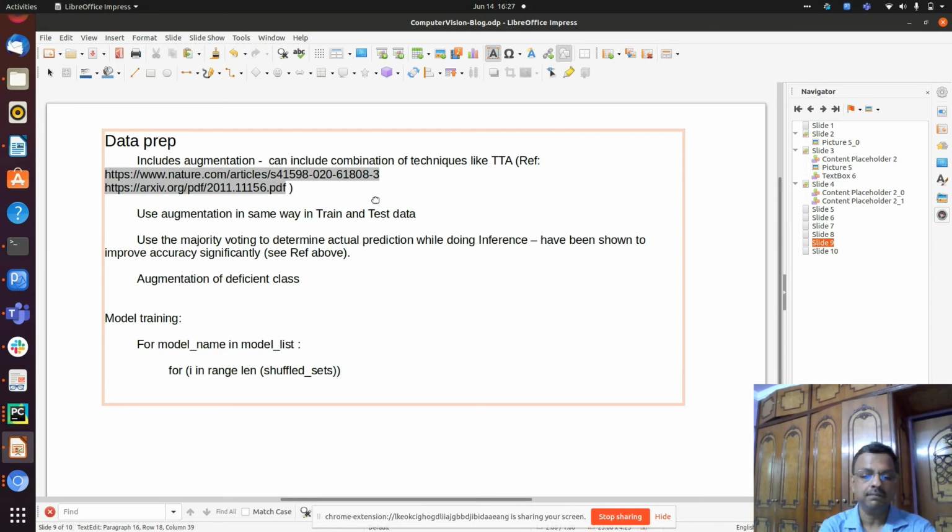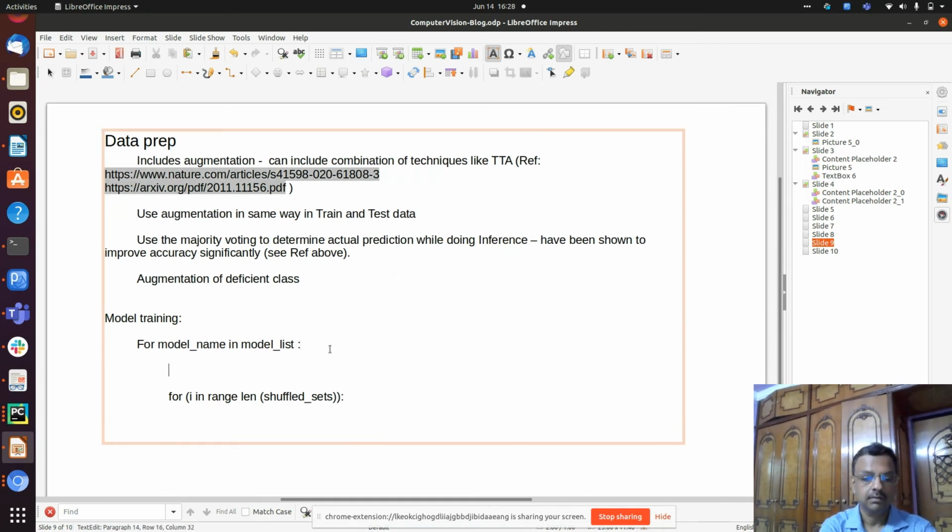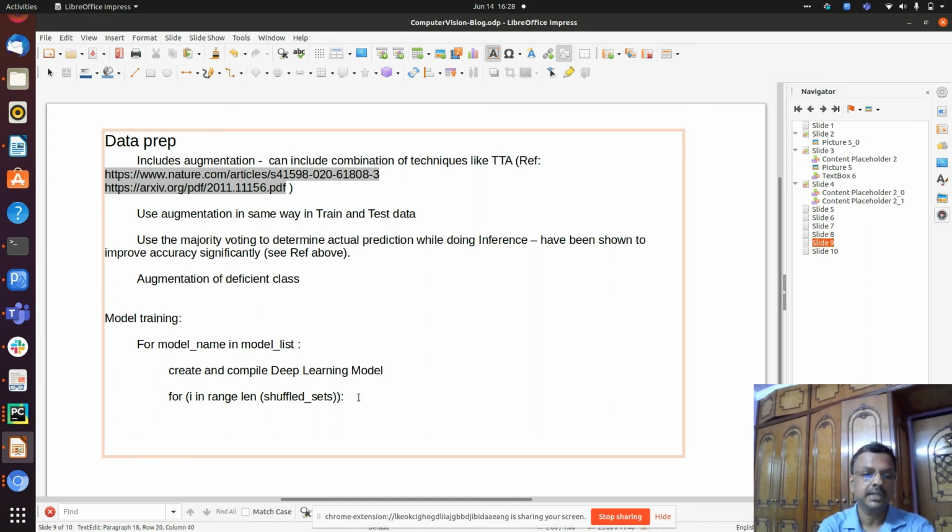And for each of these models, we say for i in range len of shuffled sets. So if you have five shuffled sets, we'll have i going from 1 to 5. For each of these shuffled sets, we'll have the model, right? And then we basically train the model.